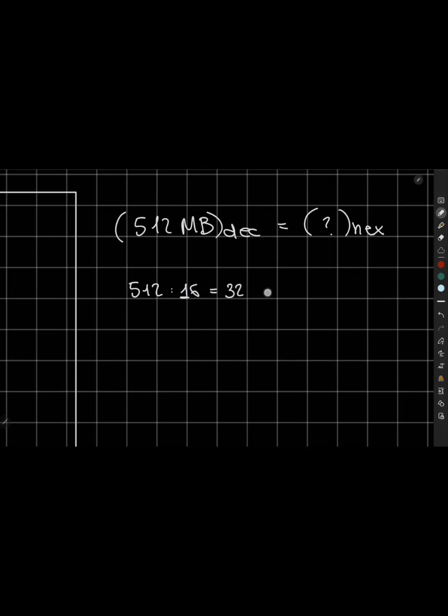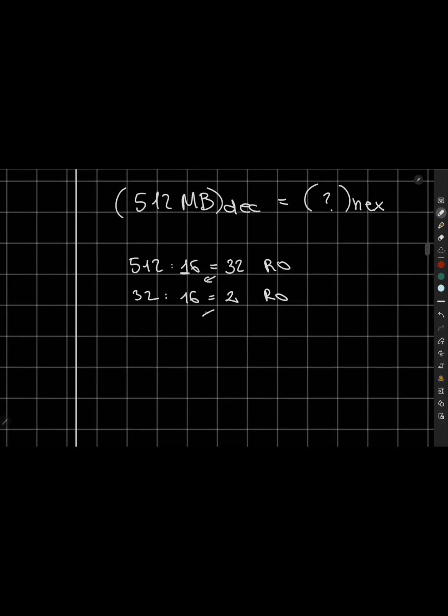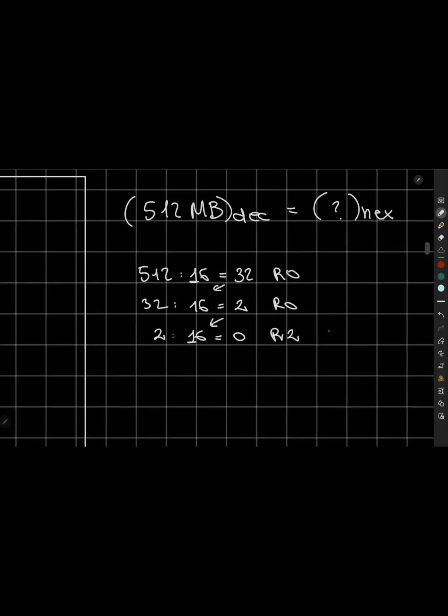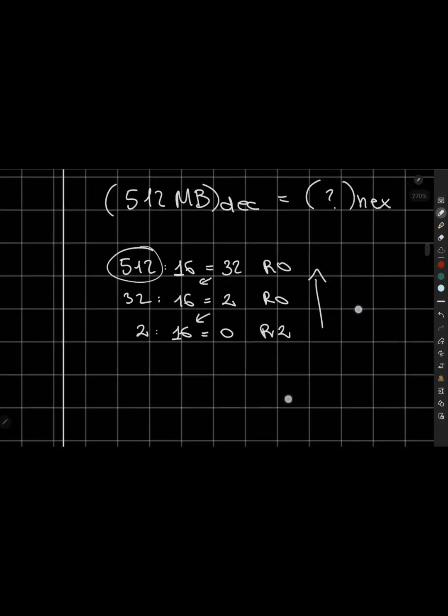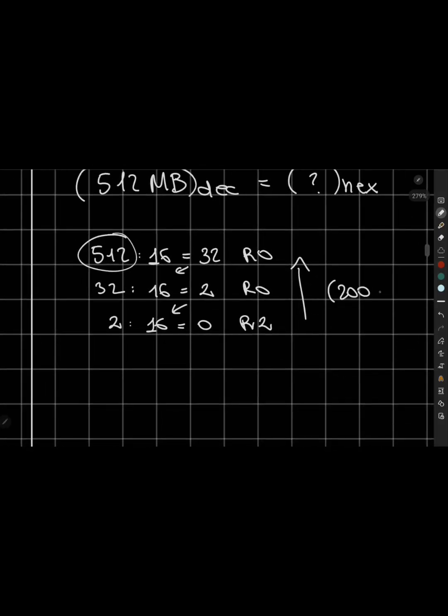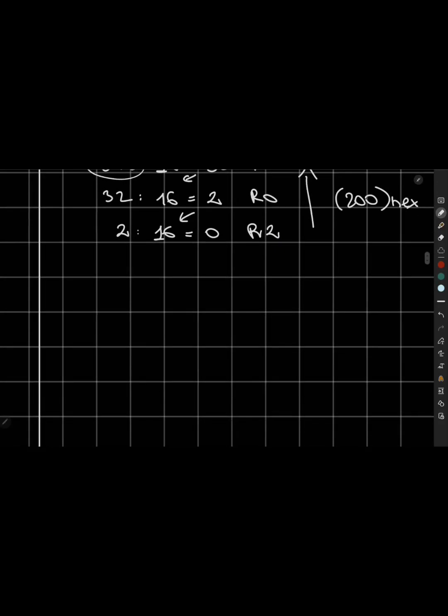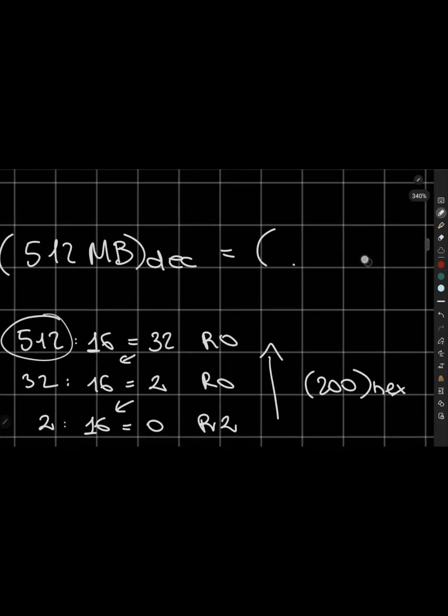This is equal to 32 with a remainder of 0. Then I'm dividing 32 by 16, which is exactly 2 with a remainder of 0. And in the end, 2 divided by 16 is 0 with a remainder of 2. So 512 in decimal is going to be 200 in hexadecimal.